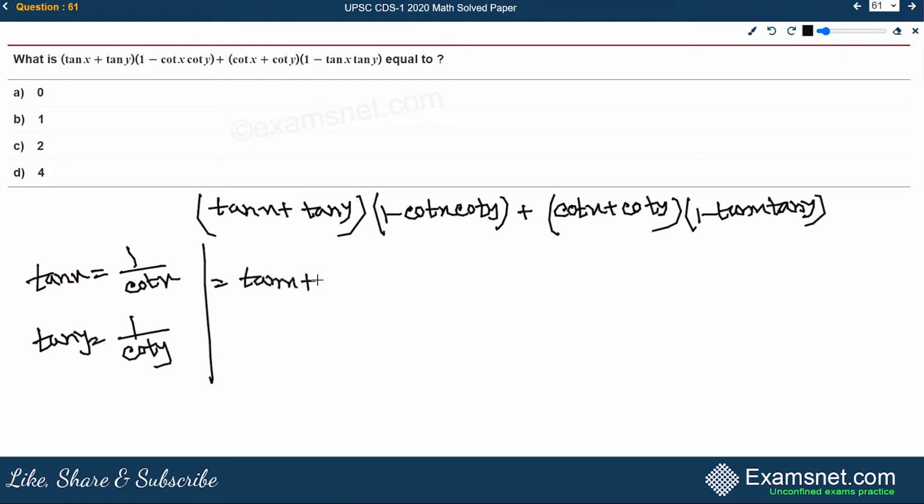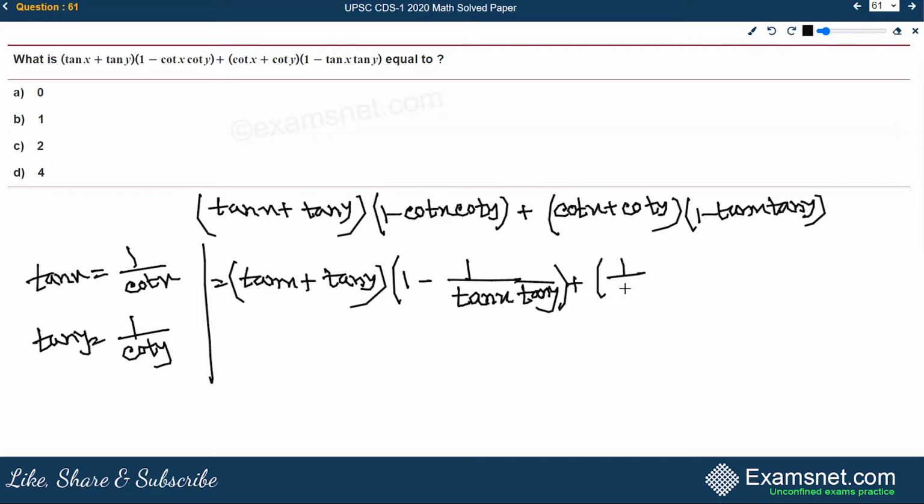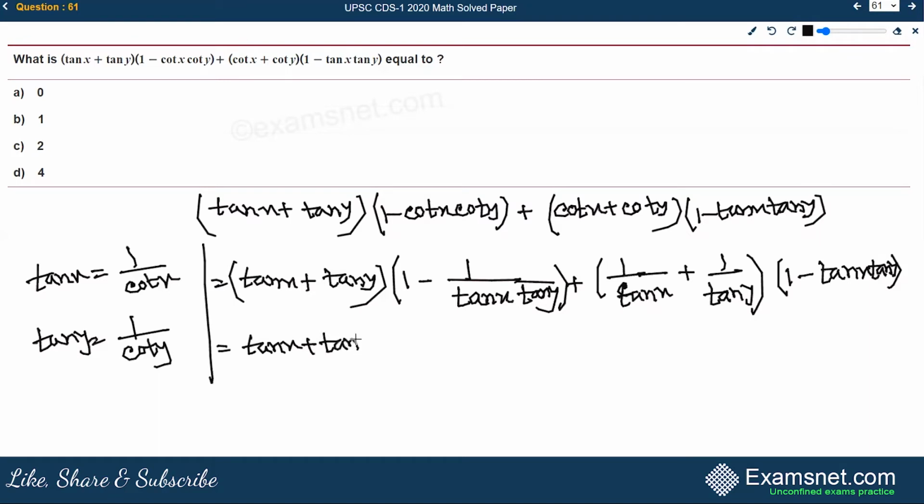So here, let me first write the first line. I will change this cot x and cot y into tan x and tan y. So it will become tan x plus tan y times 1 minus 1 by tan x tan y plus 1 by tan x plus 1 by tan y multiplied by 1 minus tan x tan y. So here we will do the LCM, and tan x plus tan y by tan x tan y.